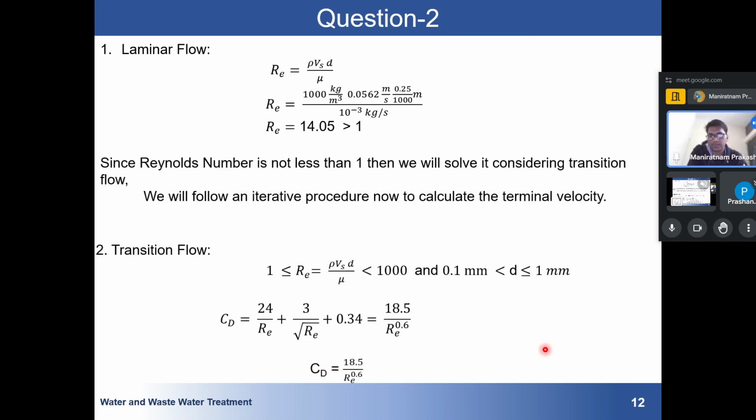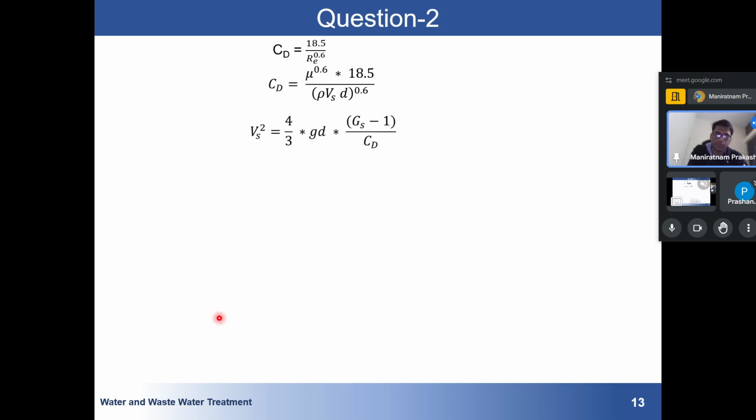From laminar flow I would have calculated the value of Re, which came out to be 14.05. From here I would have noted it down, substituted the value of Re, then found the value of CD, and whatever CD came, I would have directly substituted here, and then found my settling velocity.